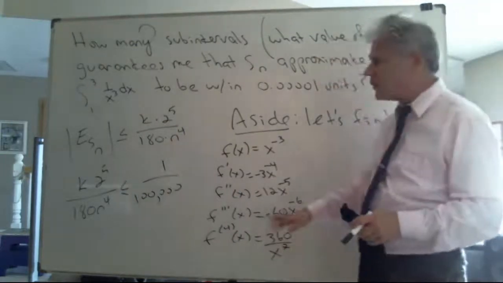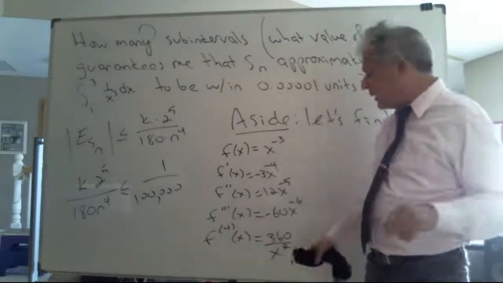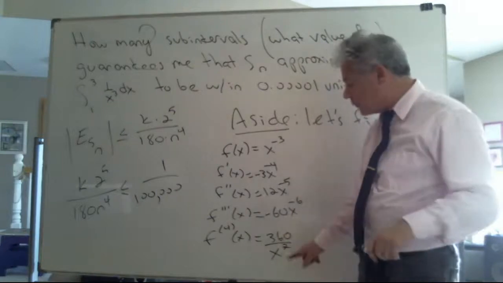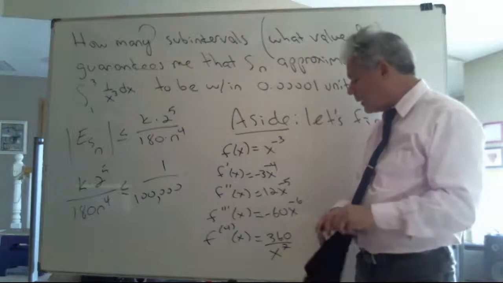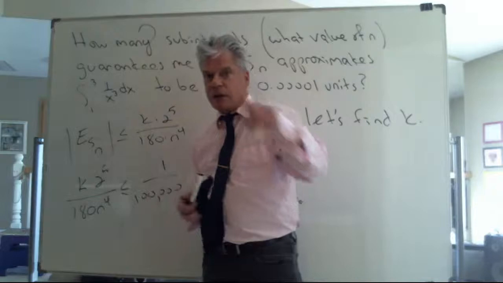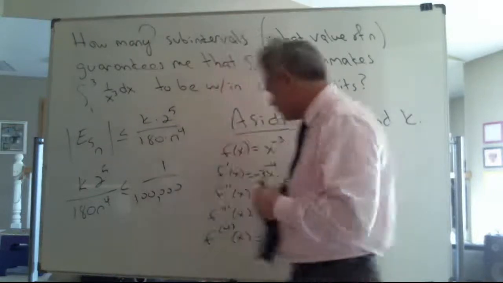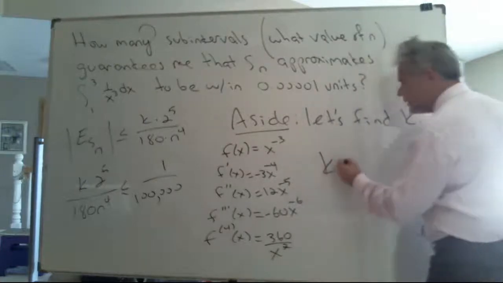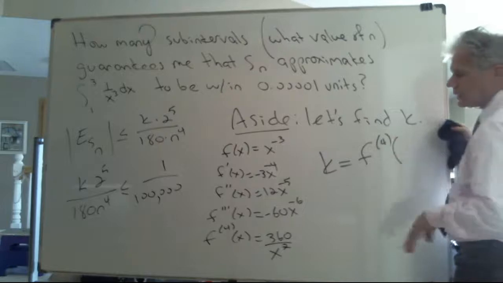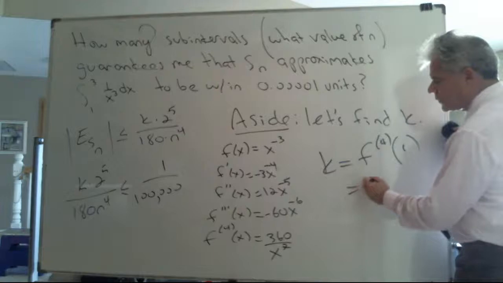It's already positive, so I'm not going to worry about absolute values. But certainly in the right-hand plane, that's definitely a decreasing function, just like your hyperbola y equals 1 over x, just with more extreme curvature. And because this function is strictly decreasing over the interval from 1 to 3, don't you think it's going to max out at the left endpoint? So I'm going to choose K to be equal to the fourth derivative evaluated at the left endpoint, which was positive 1. That's just going to be 360.